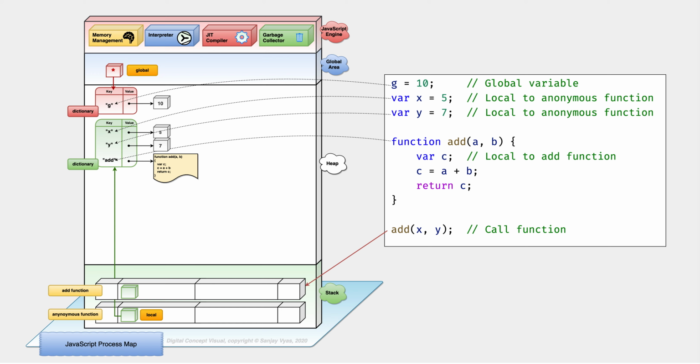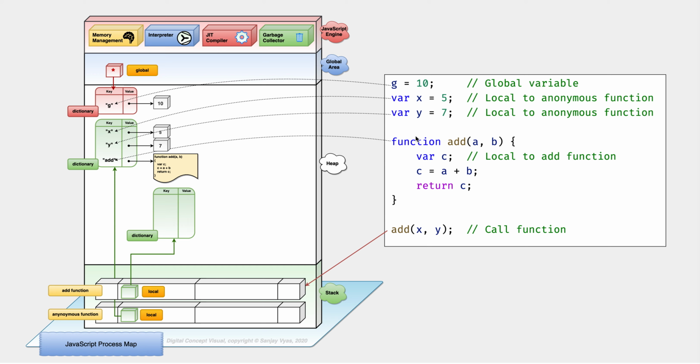So this add stack frame, the locals will again point to yet another dictionary, as we can see here. So this is a dictionary for add. This is the dictionary for the anonymous function, and this dictionary is for globals.